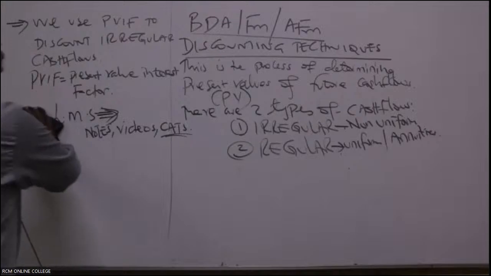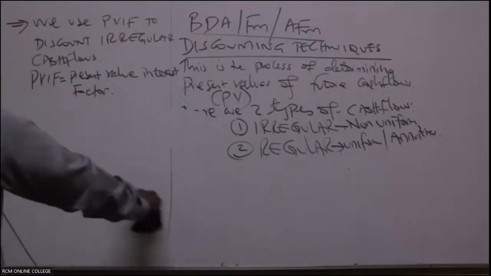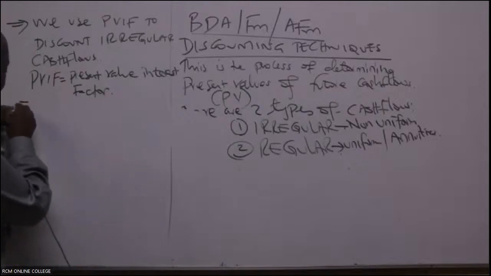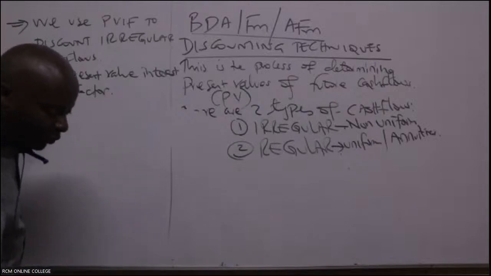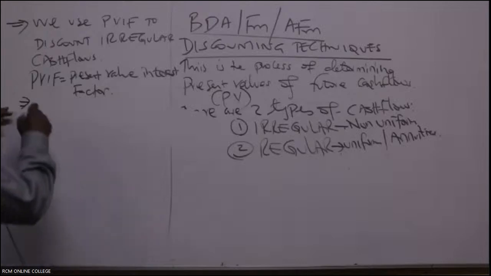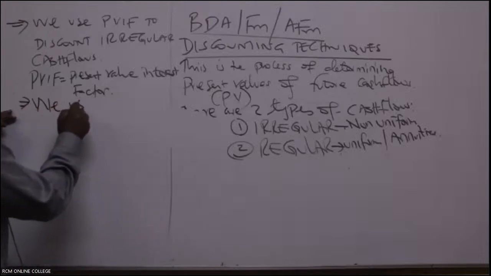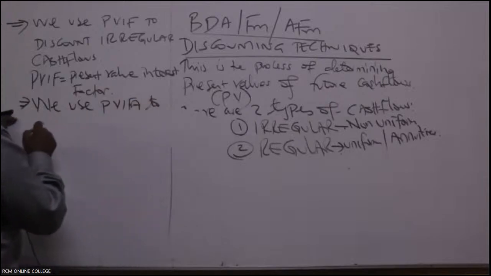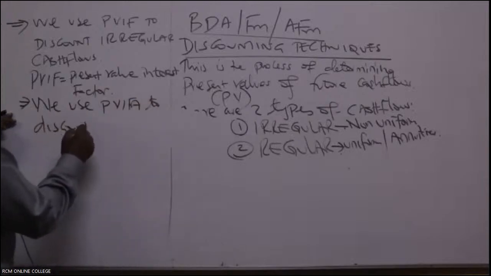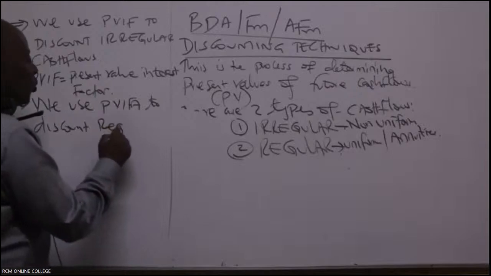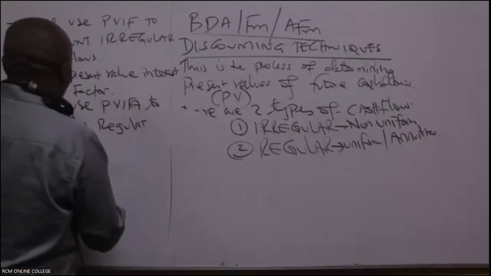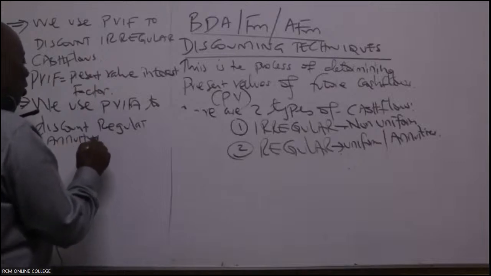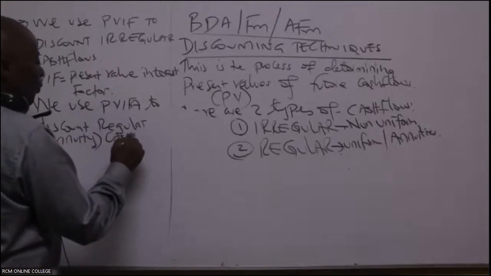Another bullet there tells us that we use PVF to discount regular or annuity cash flows.